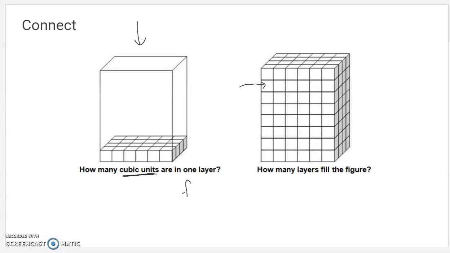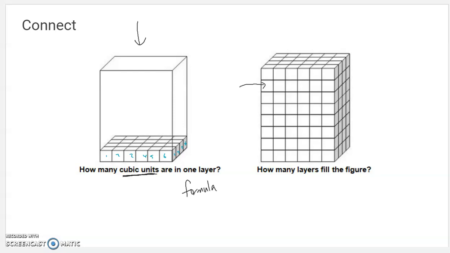So, as in many geometric things, there was a formula. In one layer, at the bottom, you could fit 1, 2, 3, 4, 5, 6 this way, and then 1, 2, 3, 4 that way, which means on the bottom there would be 24.